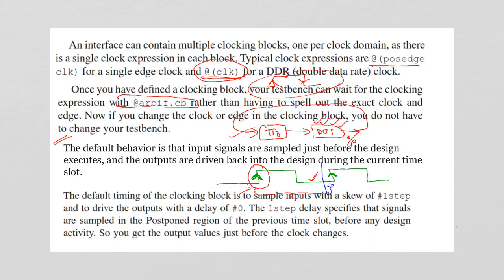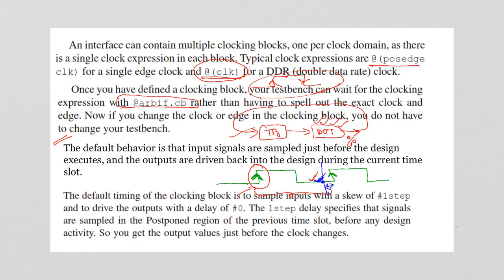Setup time for this clock edge is this much. For example, setup time is the time over which the data should be stable before the clock edge. So this is the point where the data is going to get stable, we assumed. This is the minimum requirement, but the data may be stabilized before this itself.